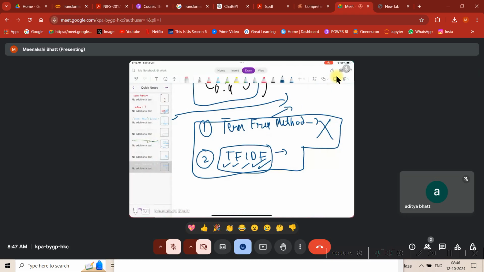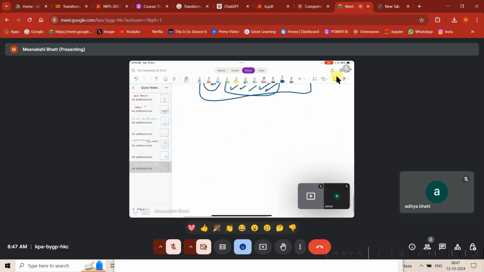So guys, as I said, when it comes to modern NLP, words get represented as vectors with the help of neural networks, right?